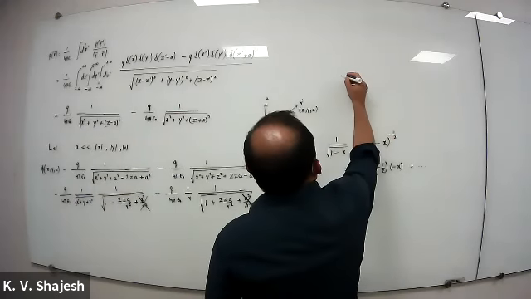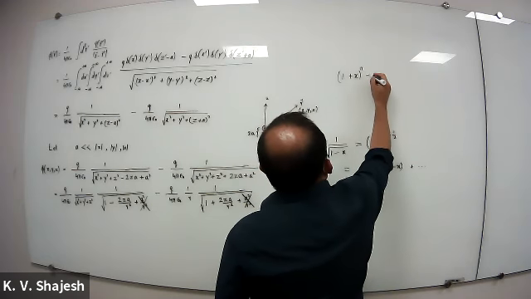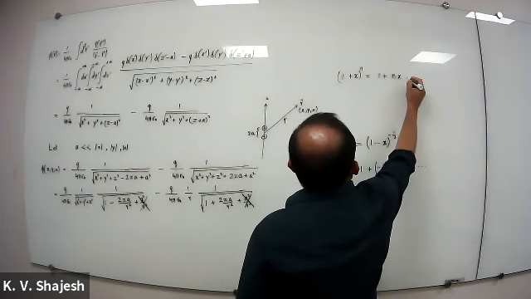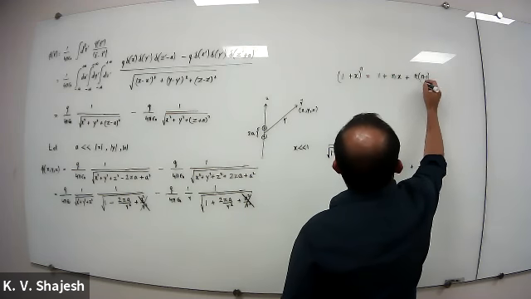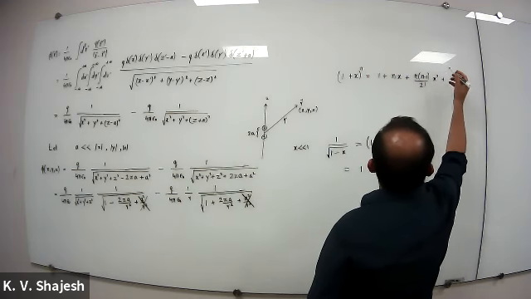The general expression for this is 1 plus x raised to n is equal to 1 plus n times x plus n times n minus 1 over 2 factorial times x squared, and it keeps going.